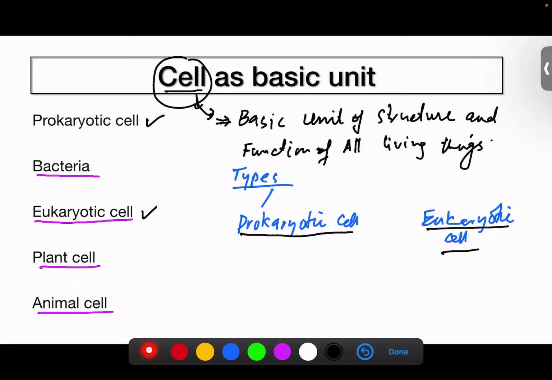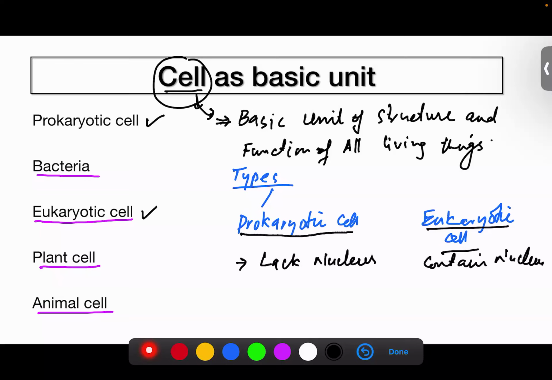We will discuss a comparison in between prokaryotic cell and eukaryotic cells, but the most prominent difference is that prokaryotic cells lack nucleus and eukaryotic cells contain nucleus in them.